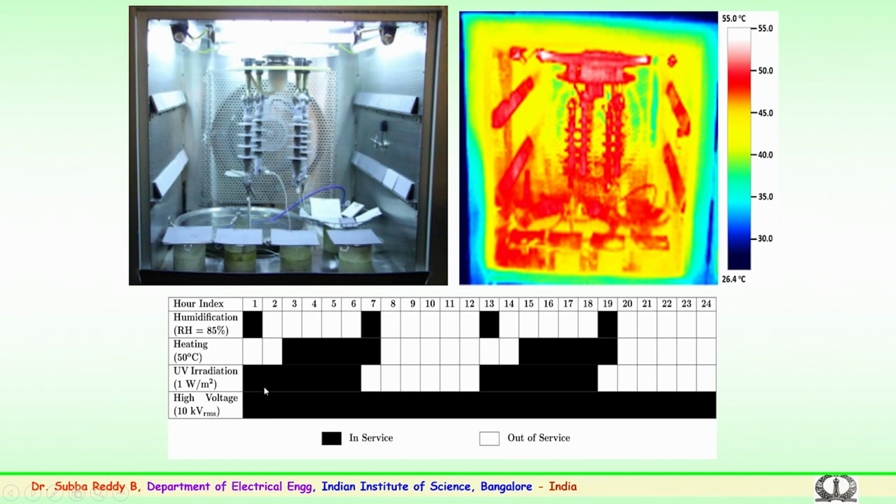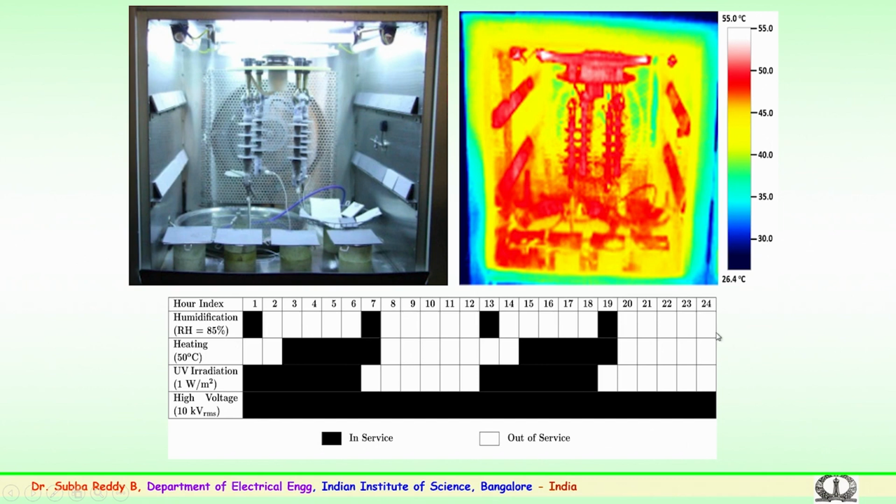This ultraviolet is applied for a period of 6 hours continuously with a gap of 6 and further 6 hours. For heating, we have applied 50 degrees for a period of 4 hours with a gap again of 4 hours. Similarly, humidity of 85 plus or minus 90 has been applied for 4 hours as shown here.